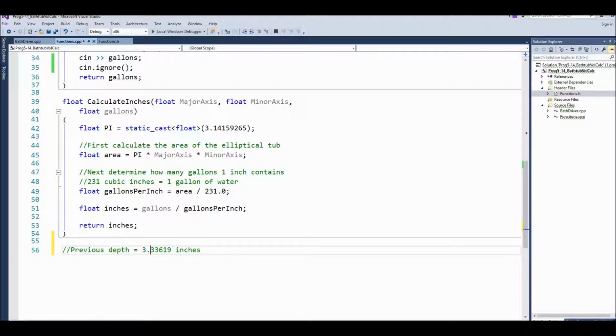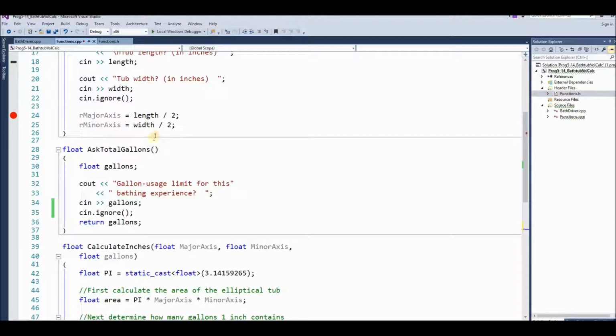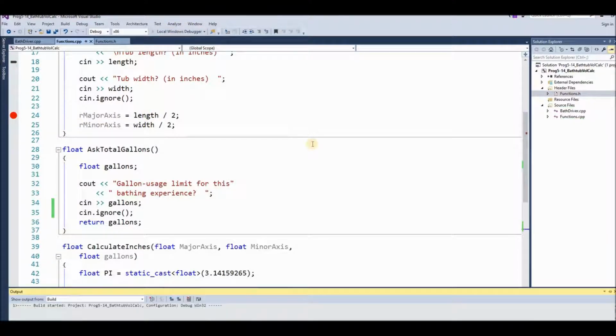Okay, so I'm going to keep track of that. I'm going to close my window and I'm going to debug again, and this time I'm going to see what's happening in my calculations.